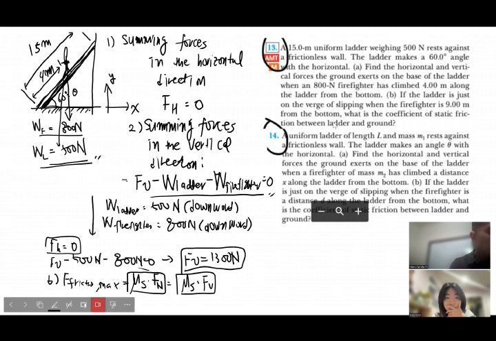Also, the torque exerted on this ladder is the force of friction times the lever arm. The force applied at the firefighter's spot produces a downward force, and the ladder itself also produces a downward force.